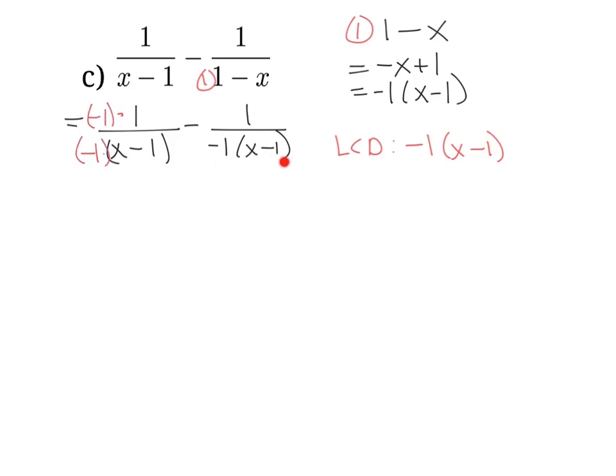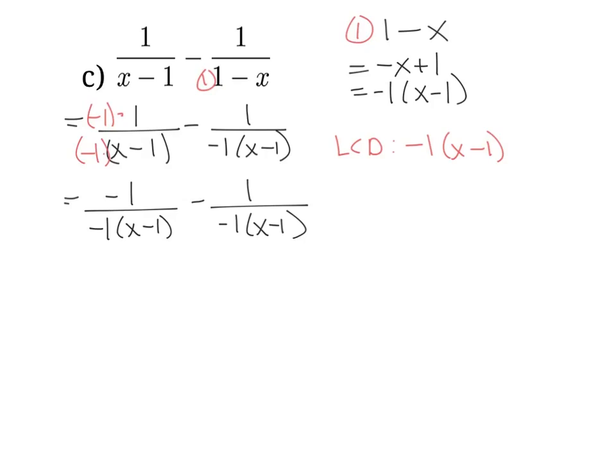And this denominator is already negative 1 times (x minus 1), so I don't need to do anything to it. So let's simplify this. In the numerator, I have negative 1 times 1, that's going to be negative 1. All over our denominator, we have negative 1 times (x minus 1), which now matches our other denominator.